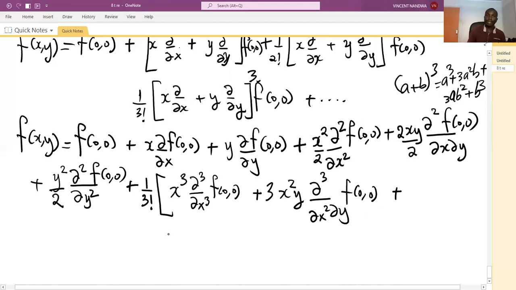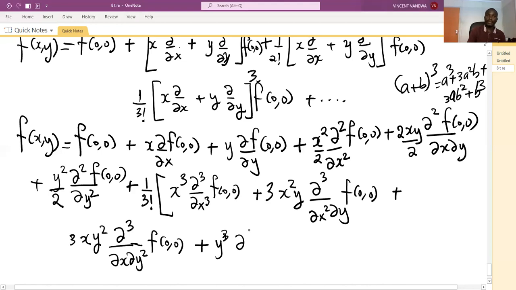So I'll have plus 3x, and then squaring this one, I have y squared ∂³/∂x∂y² f at (0,0), and then plus b cubed. So this is y power 3, ∂³f at (0,0) over ∂y³, and then plus other several terms.